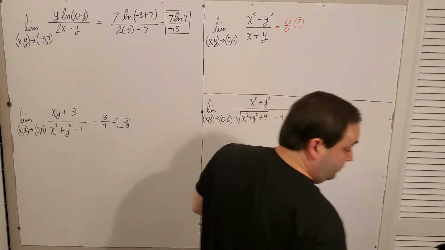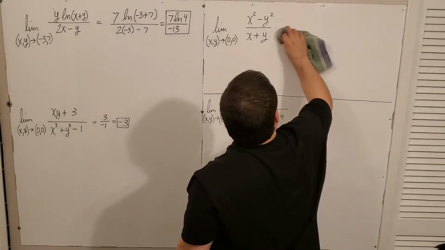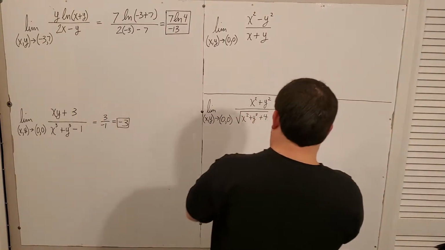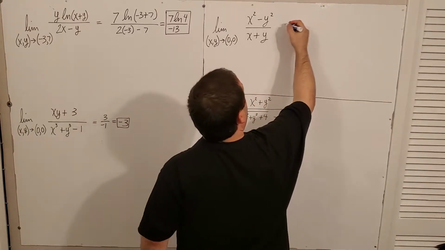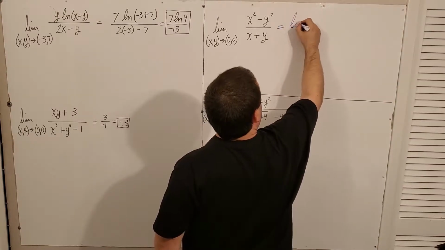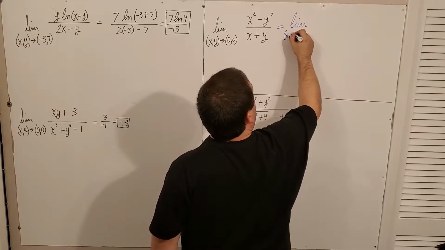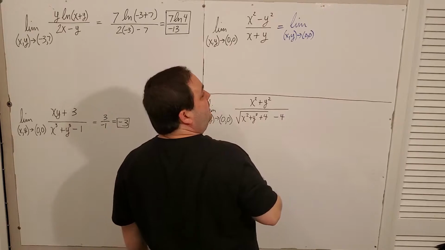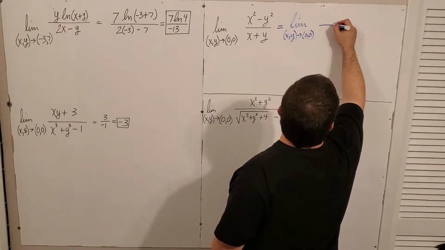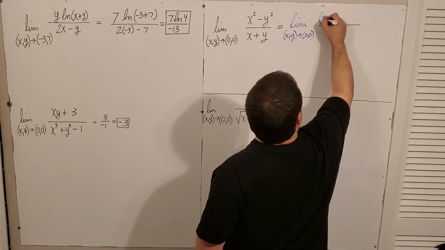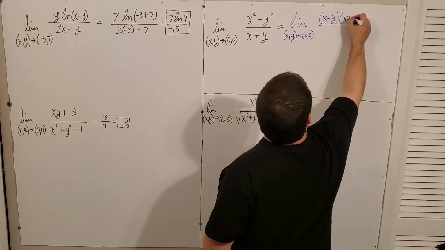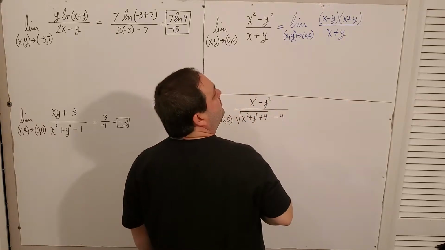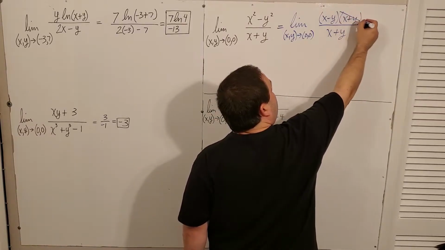So here's what we do. We go to stage 2, and I start doing my limit as (x,y) approaches (0,0), and I look for some way to simplify this. Well, I can factor the numerator: (x minus y) times (x plus y), and the denominator is still x plus y, which allows me to reduce.